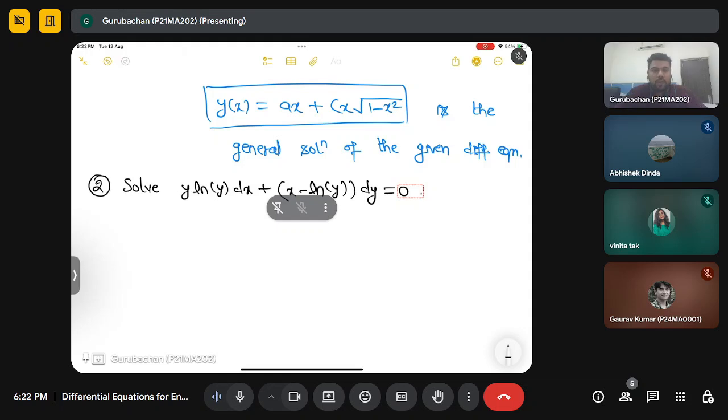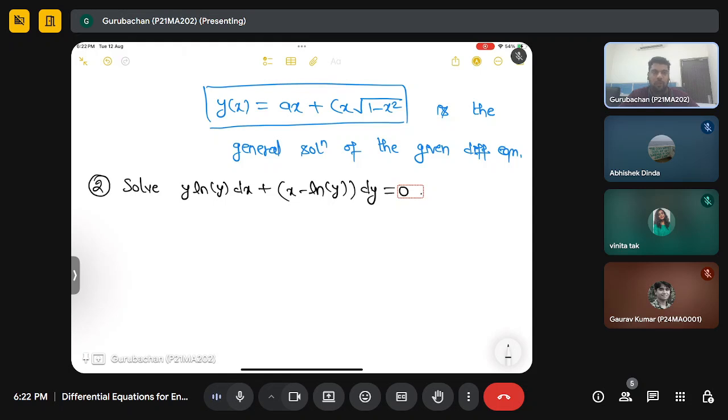I'm giving you a hint for this question. This is similar to question number one. In question number one, we standardized our differential equation into the first order linear differential equation.